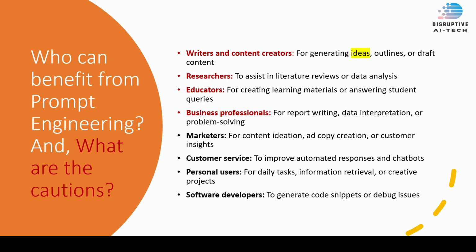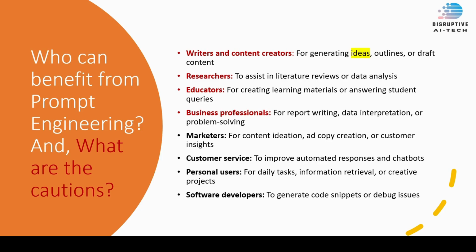So your credibility is at stake if you are giving it to your audience as it is. To get the content from ChatGPT or an AI system, its only purpose is to get the idea and outline. So never use that content as it is. Make changes, make it like it's written by you or produced by you. Though you can get help from it, don't produce it as it is.